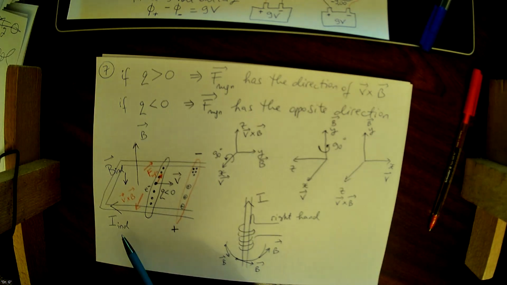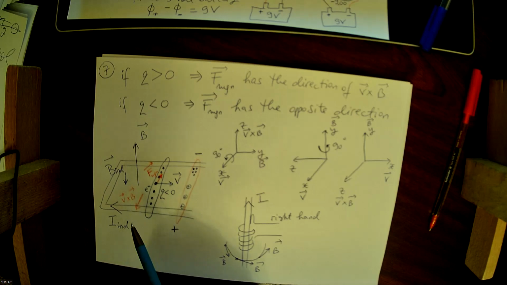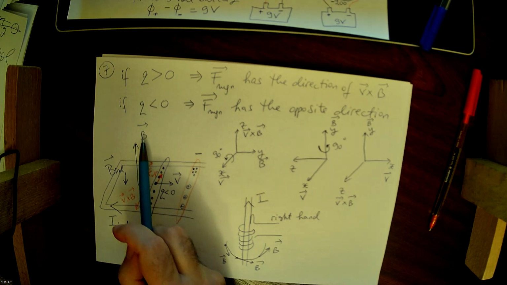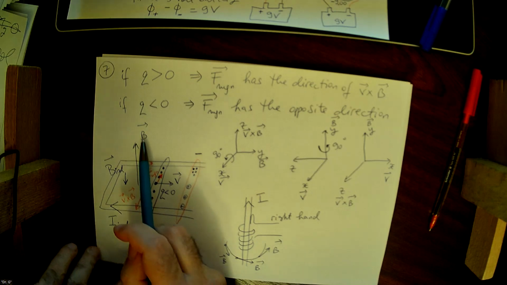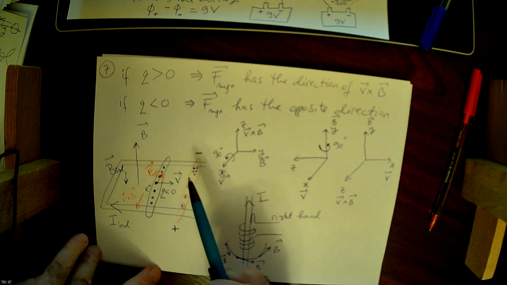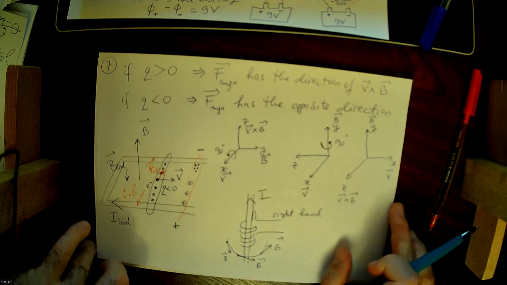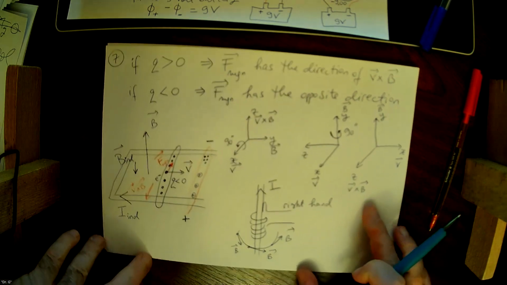Which means that the induced current will oppose the change in magnetic flux. This external magnetic field stays the same. The area increases, so the magnetic flux increases. How can I oppose this increase in magnetic flux?